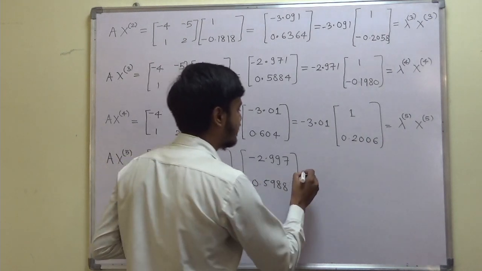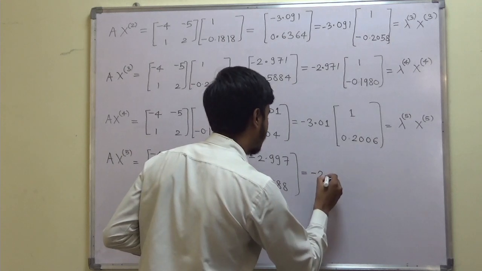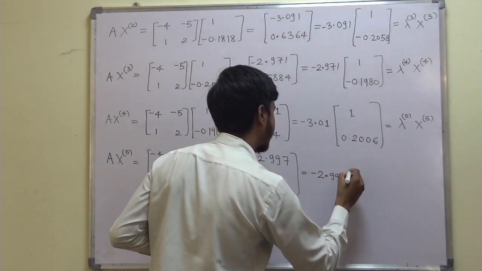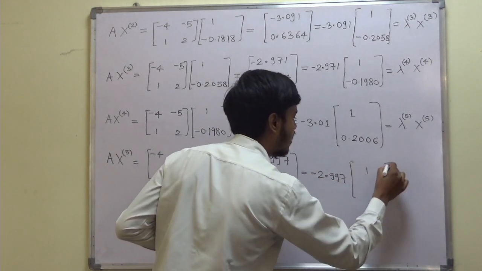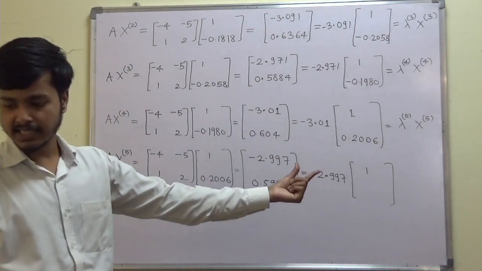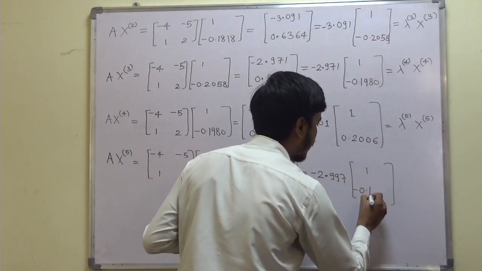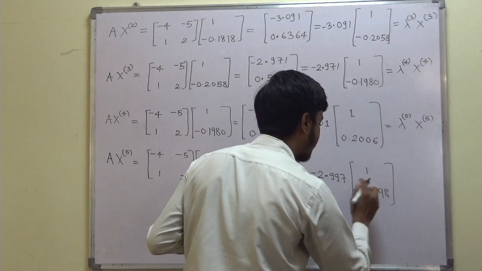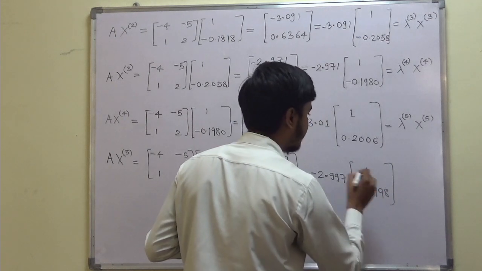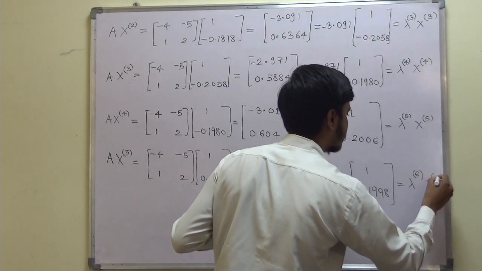Again you have to take this common, so -2.997, and we remain with 1, and the value when you divide this by -2.997, you'll be getting -0.1998. Again not negligible, so you have to go on finding these values.